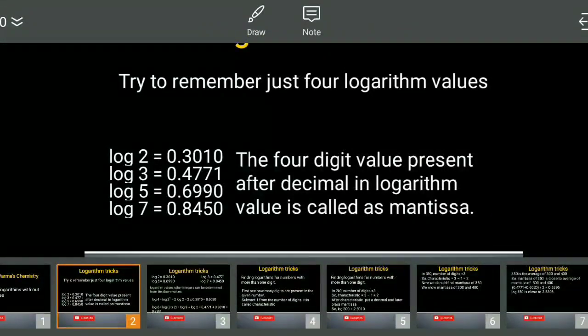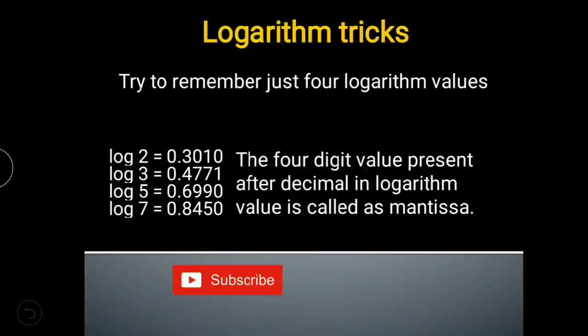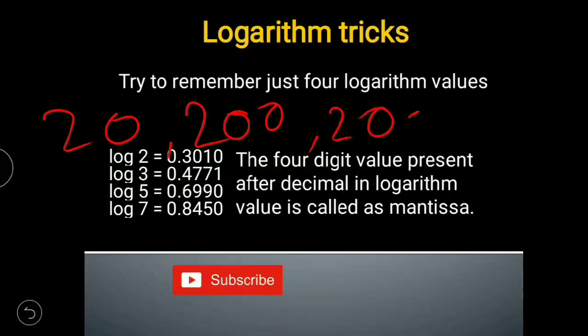And it will be the same for even 20, 200, 2000, like this. It is not only for 2, it will be for 20, 200, 2000, whatever the number of zeros we place after 2, the mantissa will be the same.